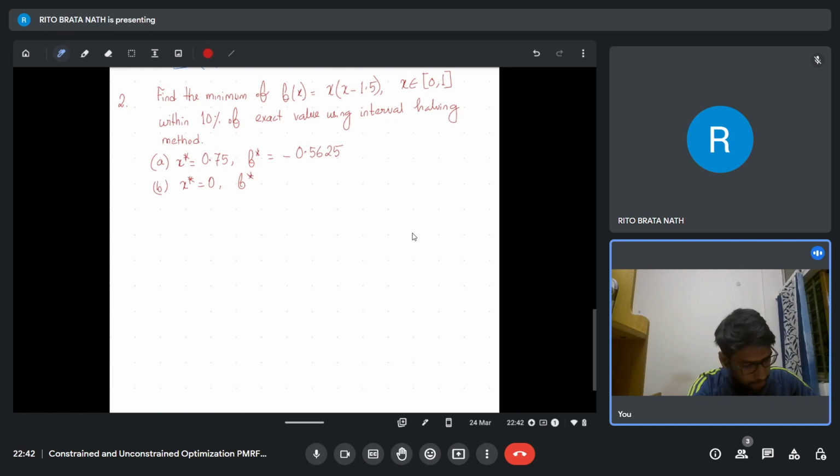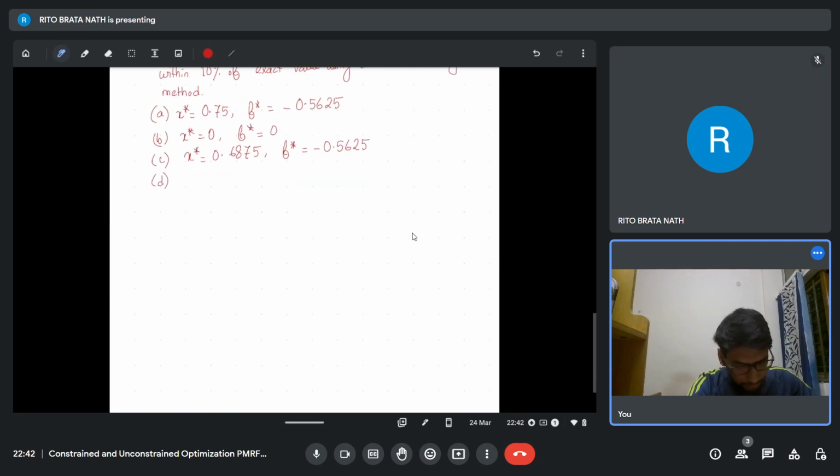f star equals 0. Option C is x star equals 0.6875, f star equals minus 0.5625.